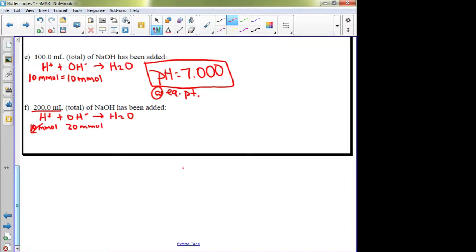So I've used up all of my H positive, and I have 10 millimoles in excess of my OH negative. There you go. So I would find the pOH, which is equal to the opposite log of the concentration of, so I would do 10 millimoles over, what's my total volume now in this? 250.